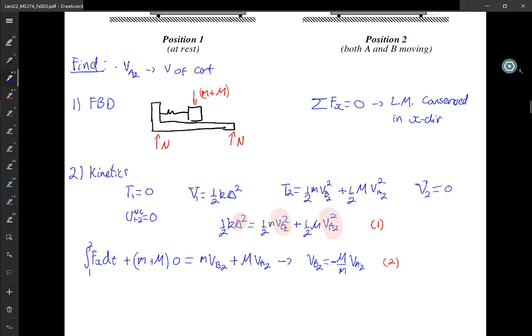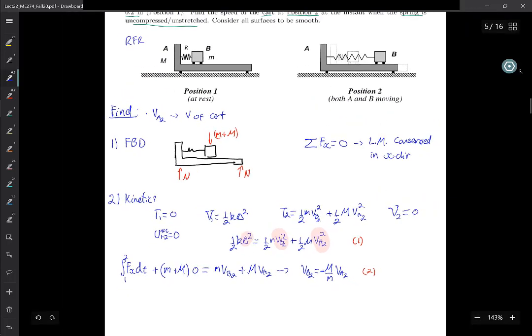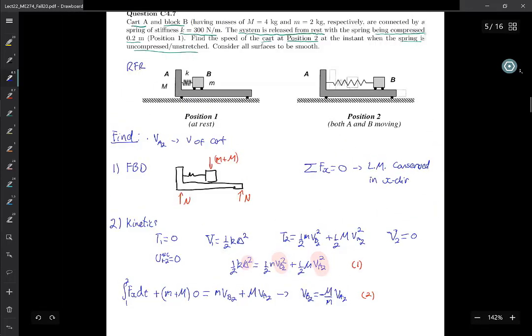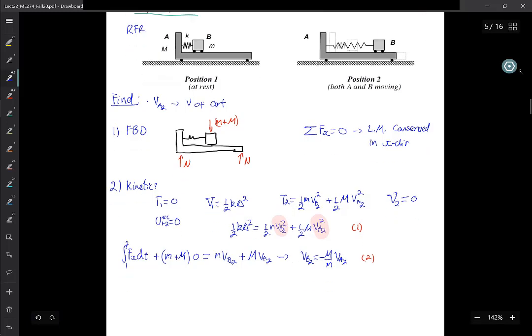But we still, what's happening? The compression is given. Okay, so we have just two equations, two unknowns. So then we substitute there and that's it, right?